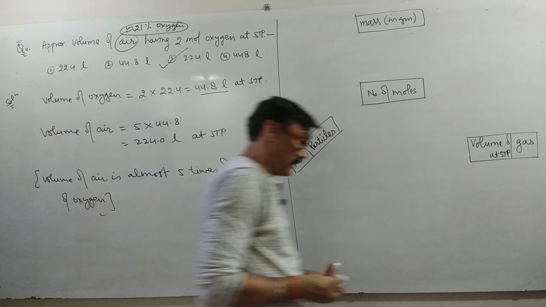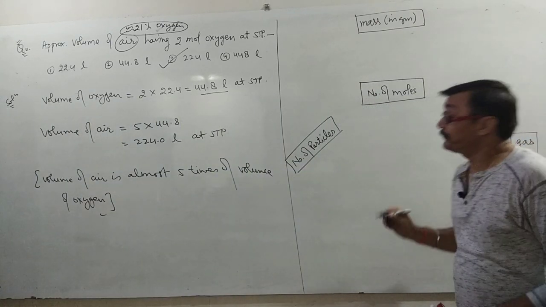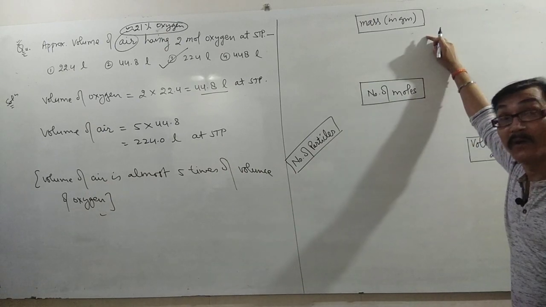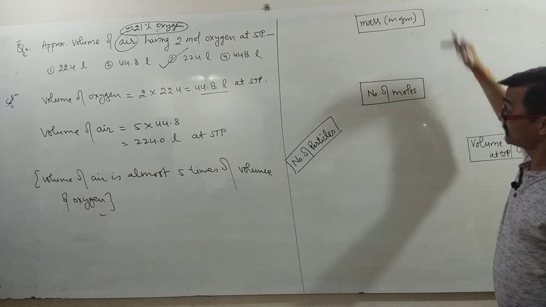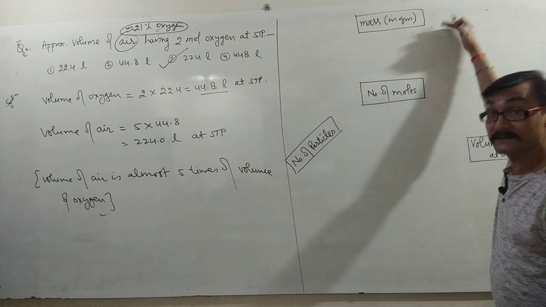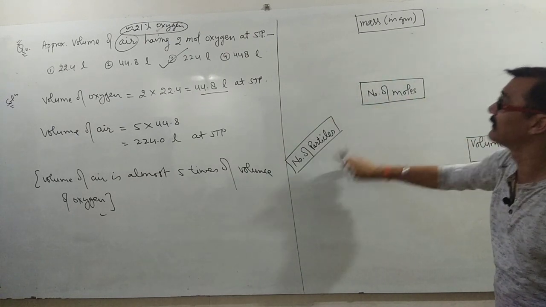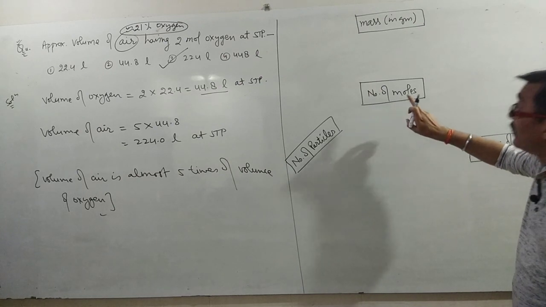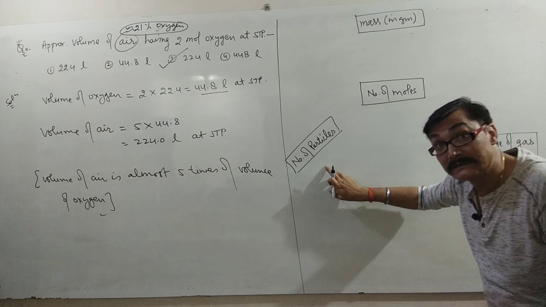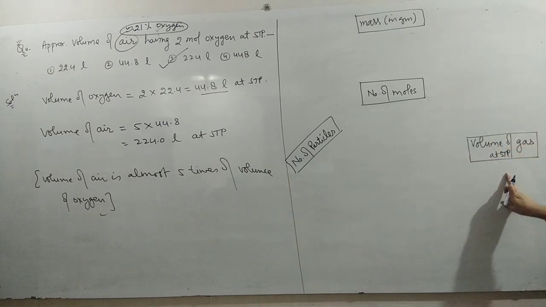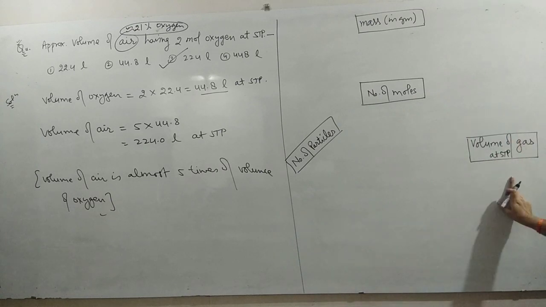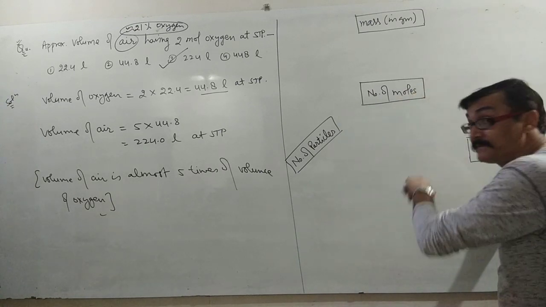Now, if we had to find number of moles from mass or change mass from moles, or find number of particles from moles, or we want to find number of moles from number of particles, volume of a gas from its moles, or moles from its volume at STP, then we have studied all these relations.